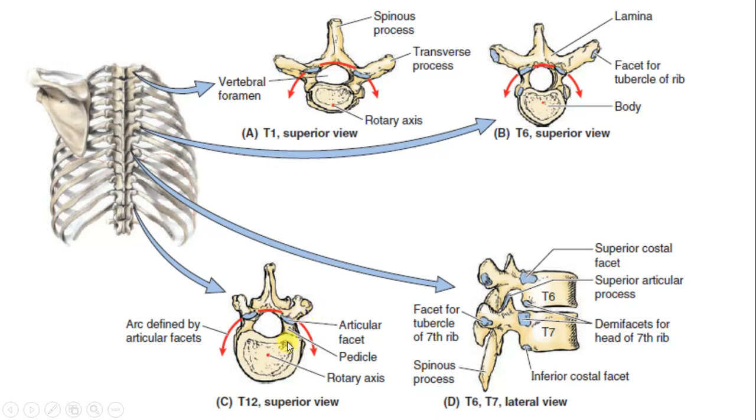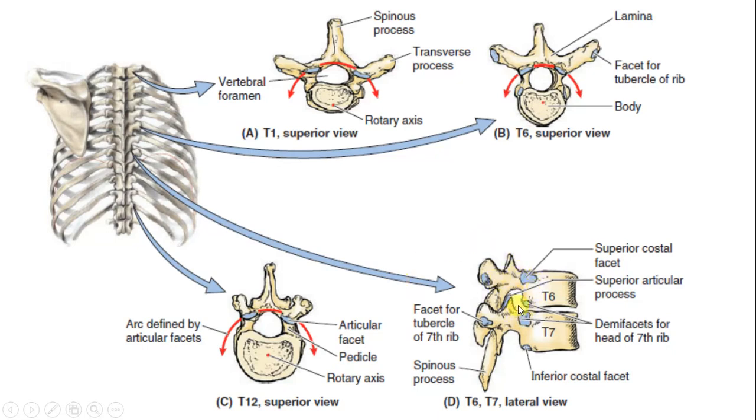Our trunk rotates towards the right and towards the left side. This rotatory axis passes through the center of the body of the vertebra, and here the movement is shown which occurs at these joints, the articular facets of the vertebrae with each other.